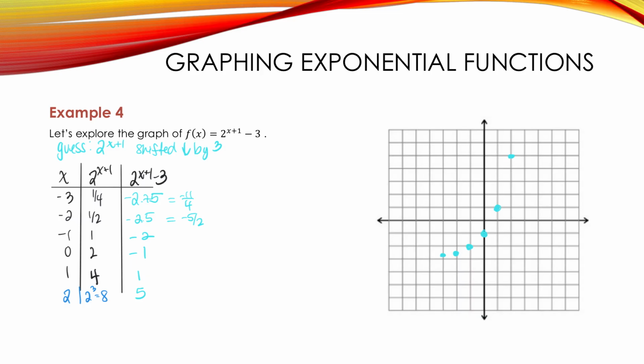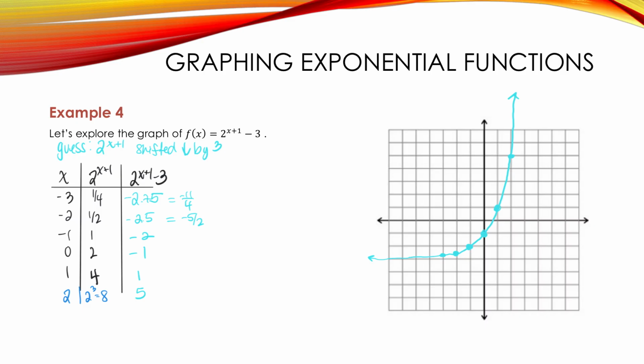So it looks like our horizontal asymptote is also moving, because if we just graphed this part of our graph, it's going this direction. But it looks like this one is starting to hug this line down here, right? Which happens to be y equals negative 3.